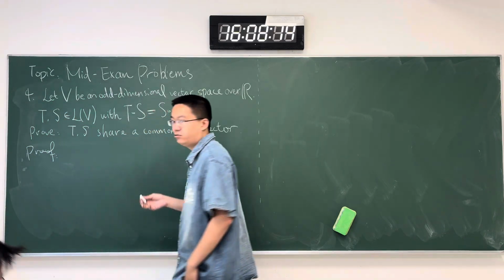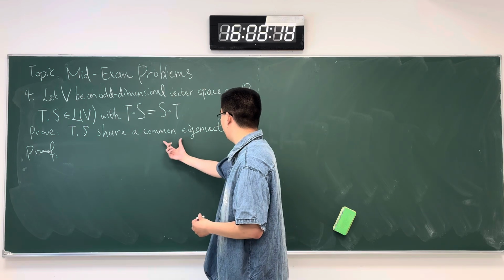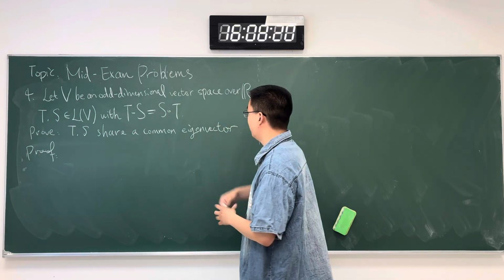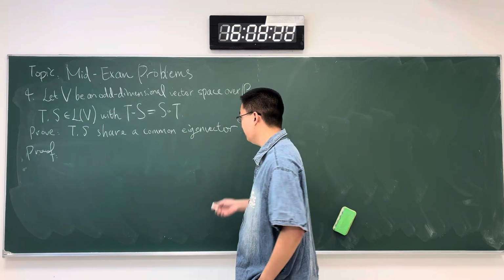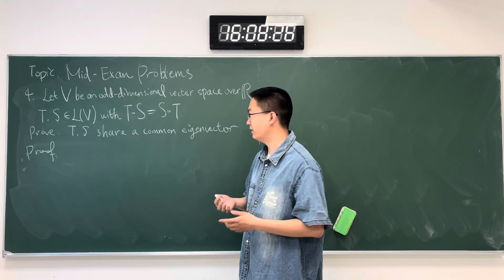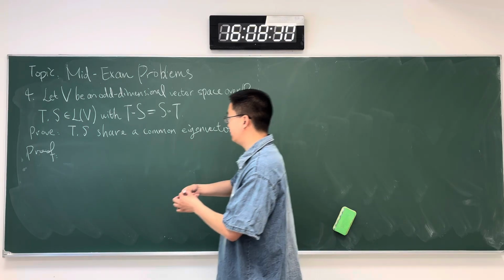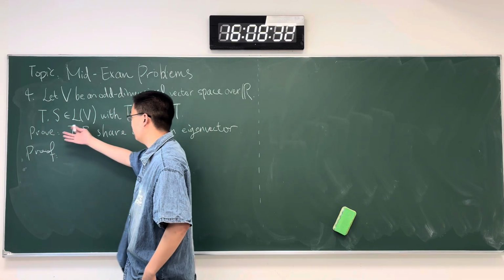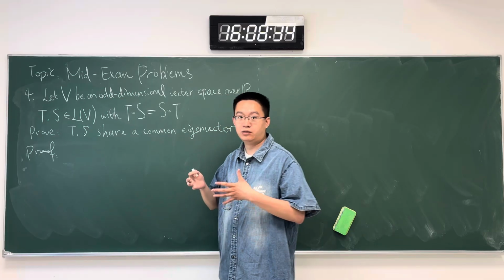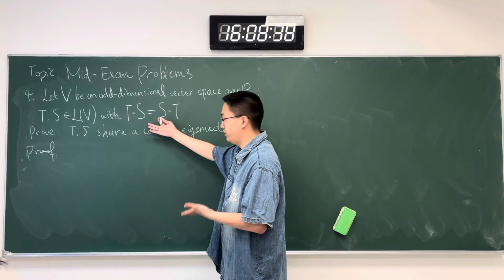Roughly speaking, my idea is to find a common eigenvector in a subspace of the whole space V. So we may imagine there are some canonical subspaces that may occur in this process, say the kernel of T or the image of T, which are both invariant under T and S, since these 2 operators commute.